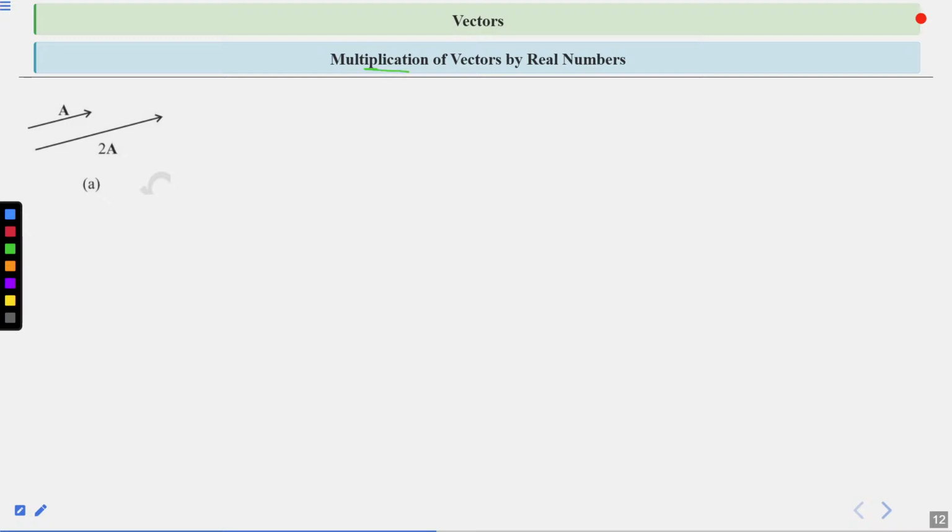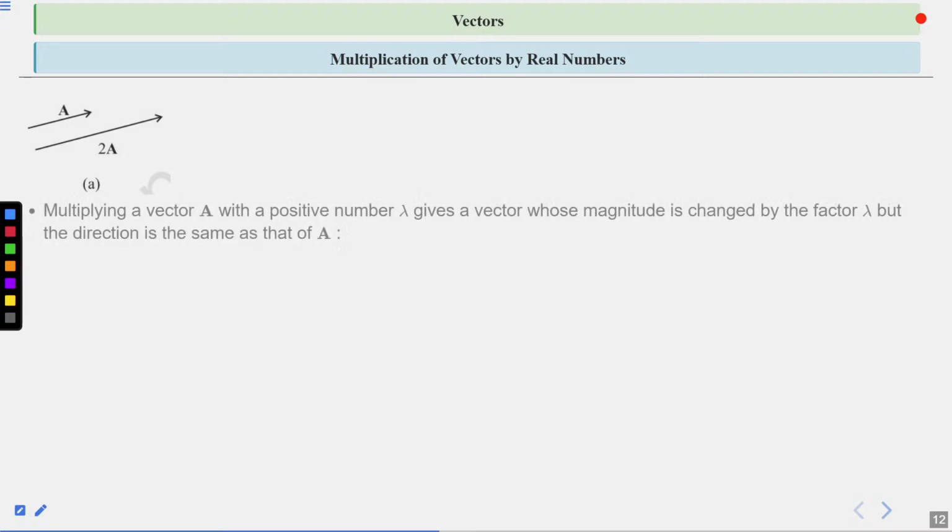Multiplication of vectors by real numbers. So multiplying a vector A with a positive number lambda. Suppose lambda is any number: 1, 2, 3, 4. It gives a vector whose magnitude is changed by the factor lambda.